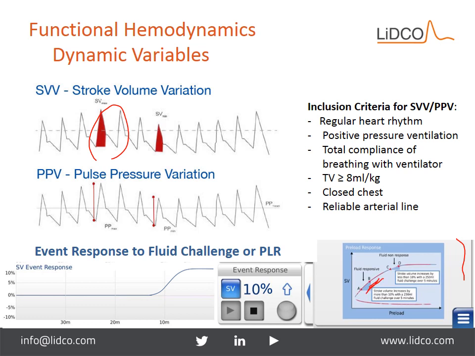In other words, if we give that patient fluid, will in fact they respond? Responding means increasing stroke volume. And so this is extremely helpful when we're fluid resuscitating, we're titrating medications or fluids or vasopressors or inotropes, is that we want to know that if we give fluid, they in fact will respond.